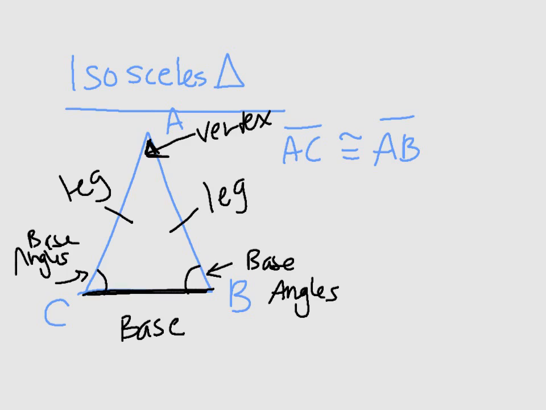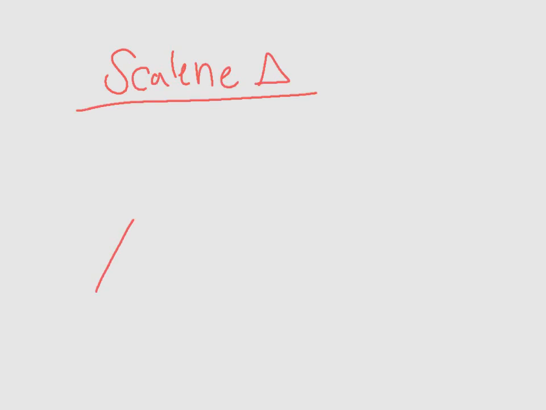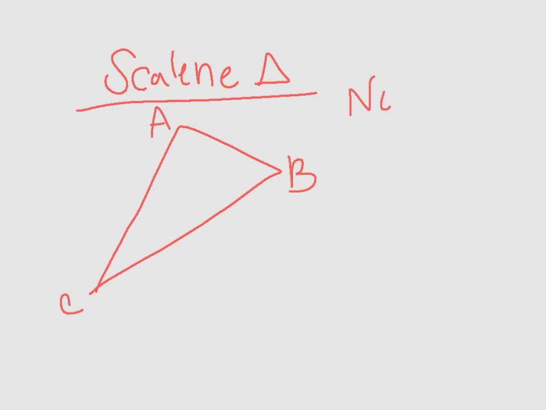Okay, the next one is the scalene triangle. The scalene triangle is a triangle that has really nothing special about it because no sides are equal. So scalene means no congruent sides. If we were to name this triangle, again, you could name it in several ways.